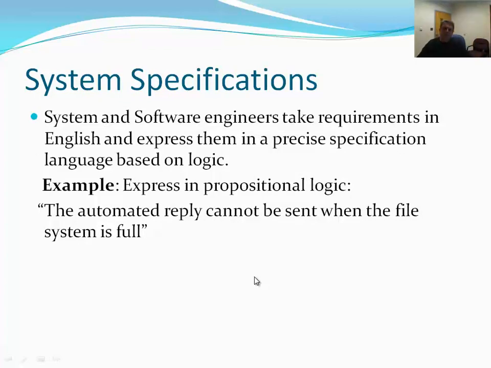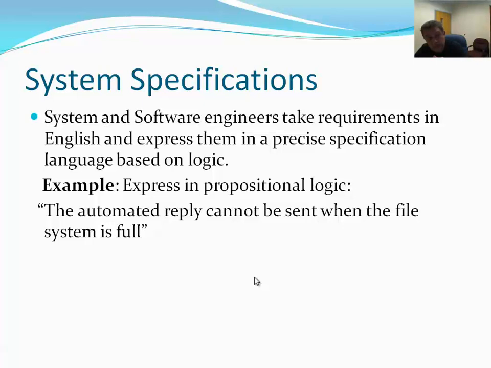System specification. System specification means that we check the correctness of all of these logics, the propositions that we are creating by translation. We want to make sure there is a consistency between them.